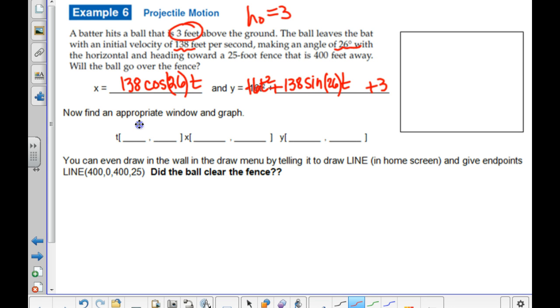Give me a guess. 300 feet away? It says there's a fence 400 feet away, so I'm thinking it's gonna have to be more like 500 feet away here. Height? What do you think? 100 is enough, maybe? 5 seconds? I don't know. Let's see if that works.